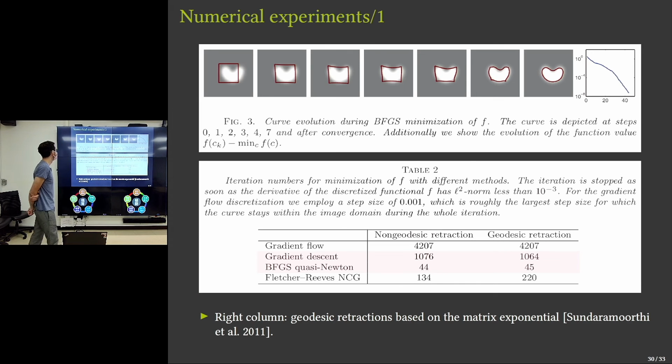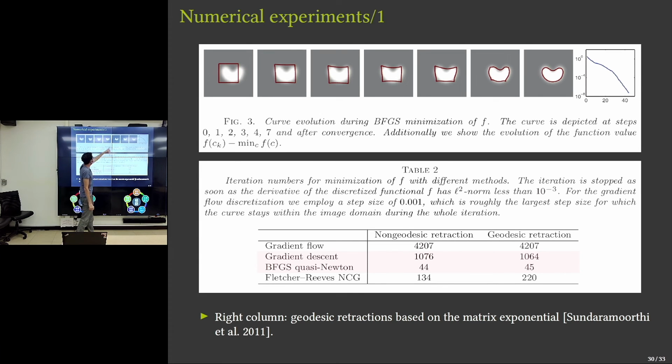So the last example. They tried some general numerical examples on curve evolution using BFGS and also comparing with other methods. Here you see they start with a square and they want to do segmentation of this white image there. You have several steps.